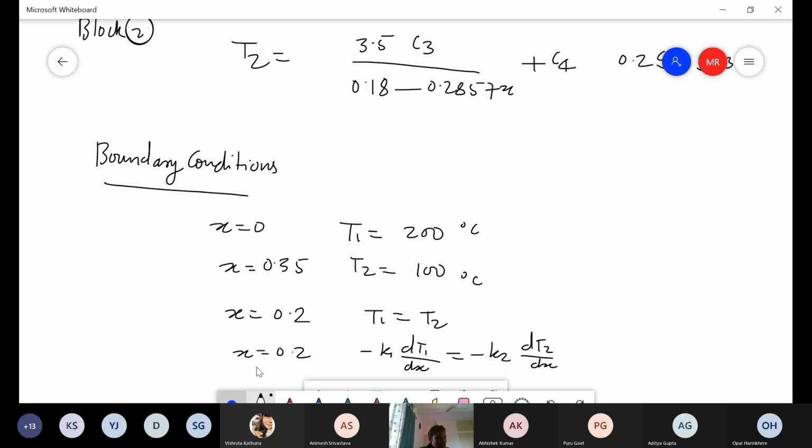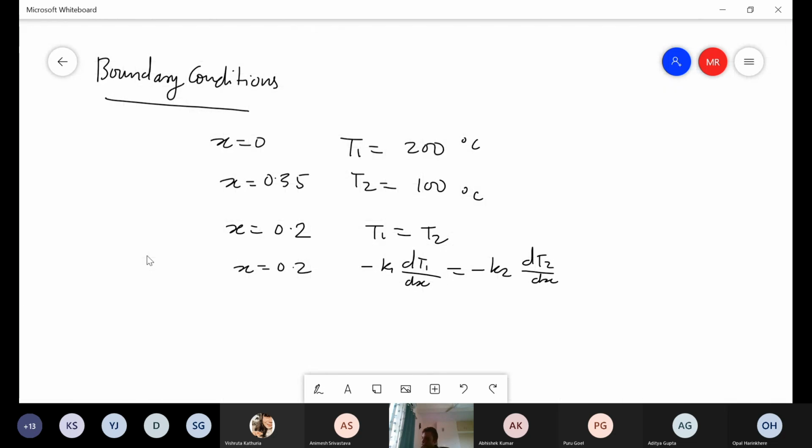Okay, so these are the four conditions. Four unknowns are there. We can easily find out the four constants based on these four boundary conditions given. So can you find out the constant C1, C2, C3, C4? Yes, sir.